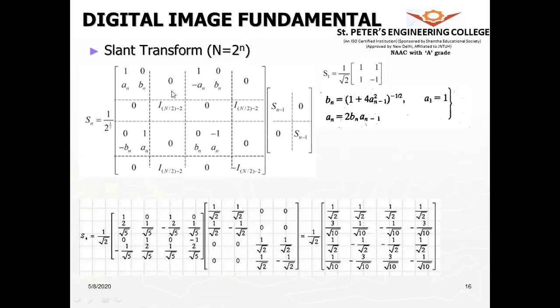And the second box with the 0, those elements are not taken because we have only 4 by 4. So therefore 1 0 an bn from Sn, and the next 0 box will not be taken. 1 0 minus an bn will be taken, and the next 0 will not be taken.